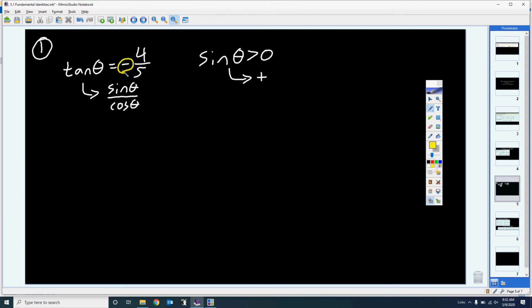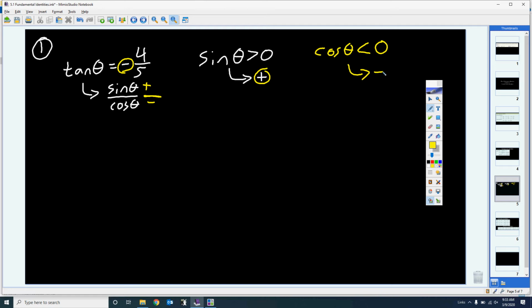Well, if tangent's negative, that means sine or cosine is negative and the other's positive, because the only way I can divide two things and get a negative is if my signs are different. Well, if I know that sine is positive, that means that cosine, so there's my fraction bar, has to be negative. That's the only way I can get tangent to be negative. So I'm going to say cosine of theta is less than 0. Okay? It's negative.